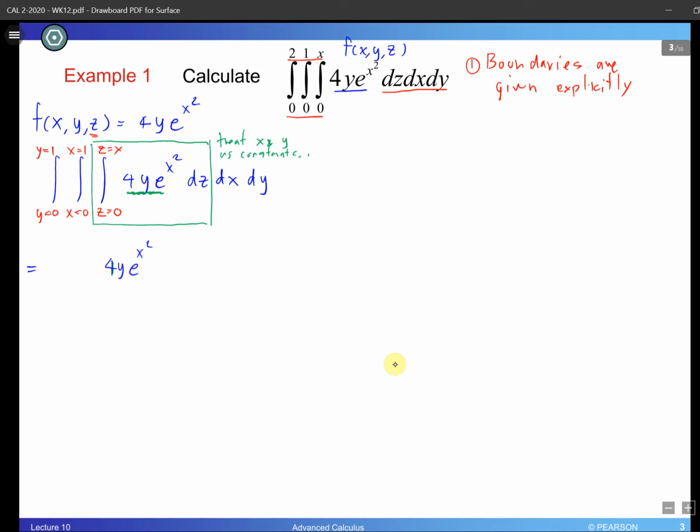And then z shows up because we integrate a constant with respect to z. And we are supposed to evaluate this at 2 values, z equal to 0 and z equal to x. And we are supposed to integrate this still twice, with respect to x first and then with respect to y.